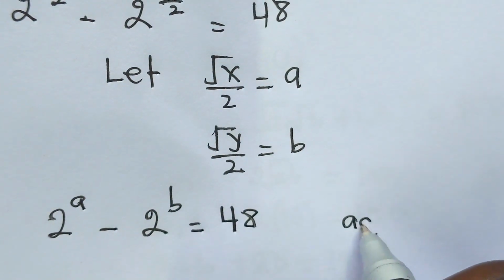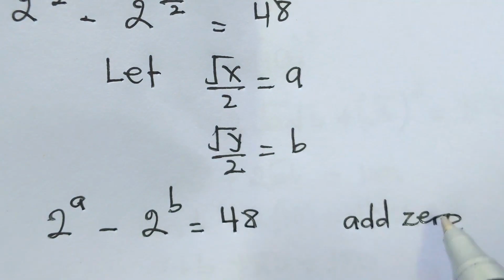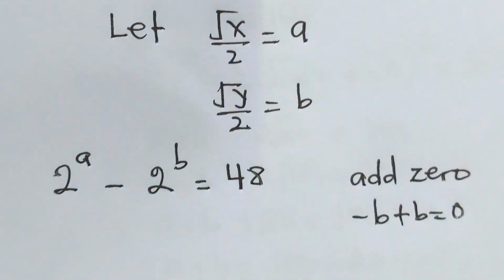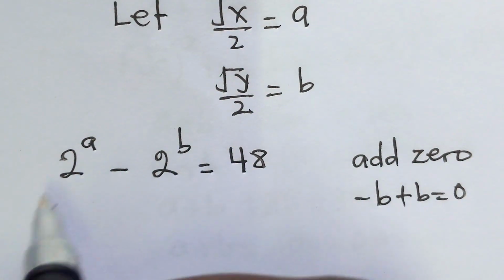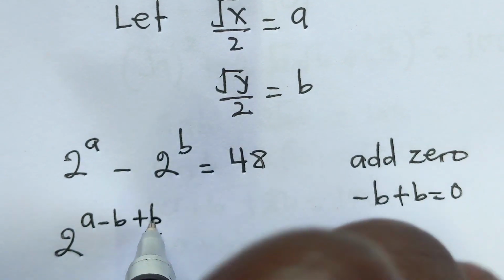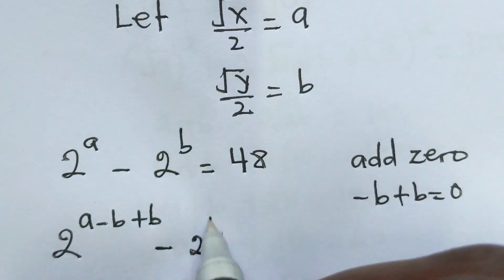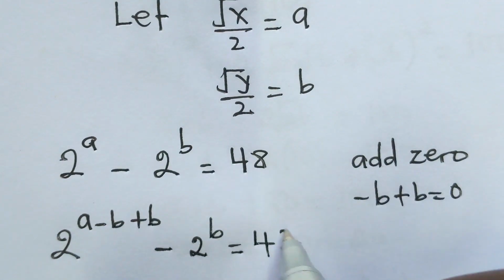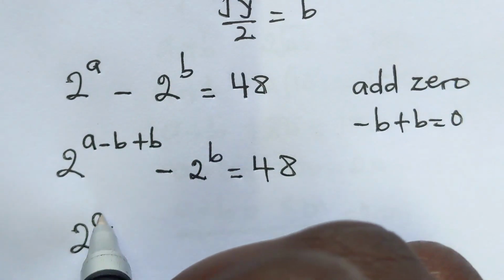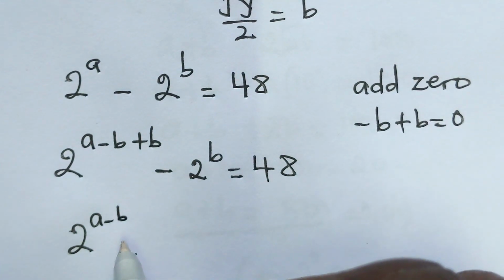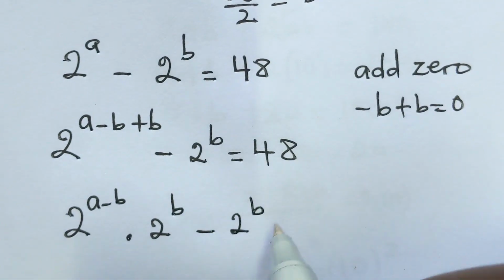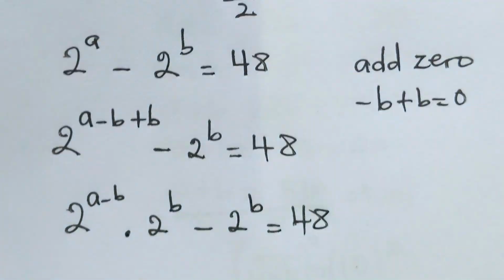Here we can add 0, and 0 can be negative b plus b. We add it to this side, so that we shall get 2 power a minus b plus b, then minus 2 power b, which is equal to 48.